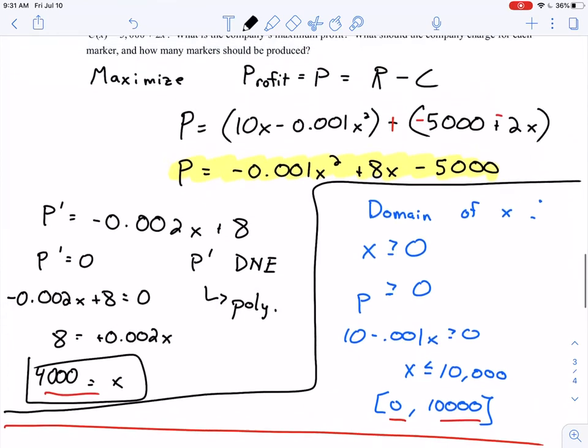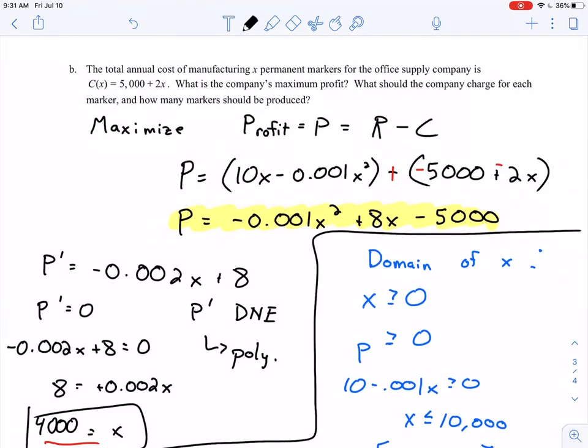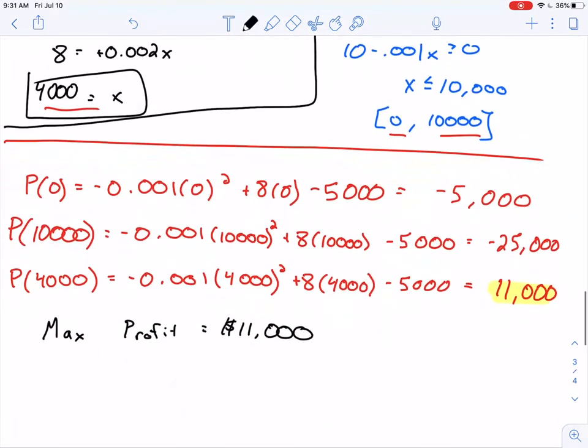So what is this problem asking for? Let's make sure that we give all the necessary information. What is the company's maximum profit? I just did that. What should the company charge for each marker? So what's the price? Here I'm still using the same price demand equation we used way back earlier in part A, that 10 minus 0.001x.